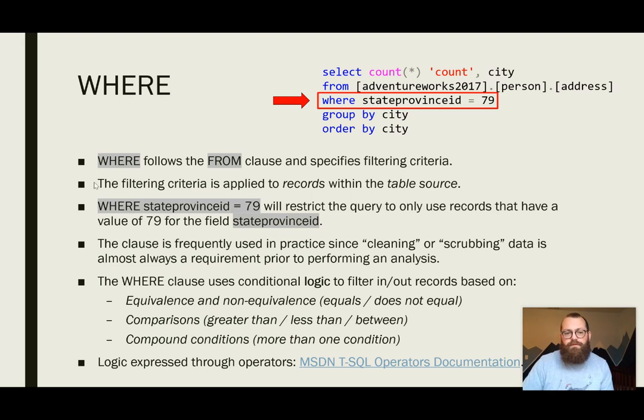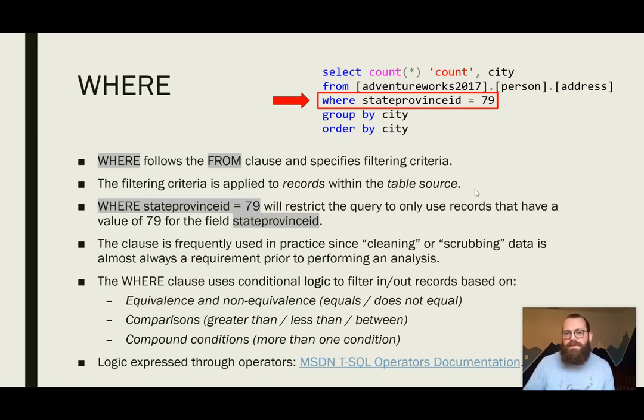The one important note is the second bullet here. The filtering criteria is applied to records within the table source. What does this mean? It means that you're not running your query, retrieving some data, and then SQL's performing the filtering on that. It's rather performing the filtering on the original table.